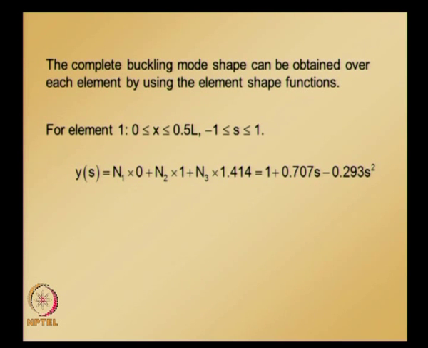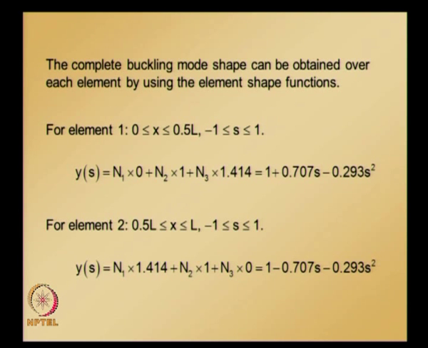So, for element 1, which is going from x is equal to 0 to x is equal to 0.5 L and s goes from -1 to 1, substituting N1, y1, N2, y2, N3, y3, we get this equation which helps us to plot the mode shape for element 1, and similarly for element 2, x goes from 0.5 L to L, s goes from -1 to 1, substituting the shape functions N1, y3, N2, y4, N3, y5, we get this equation.